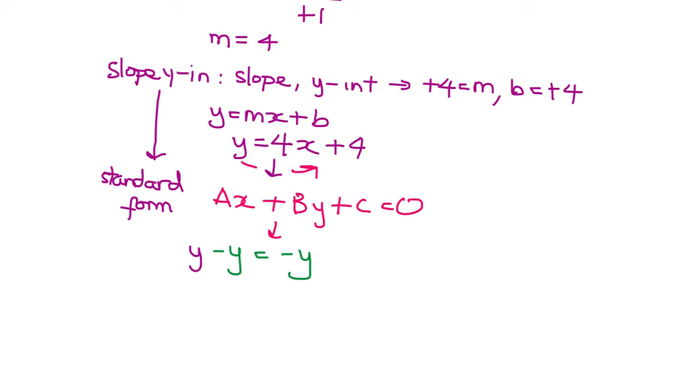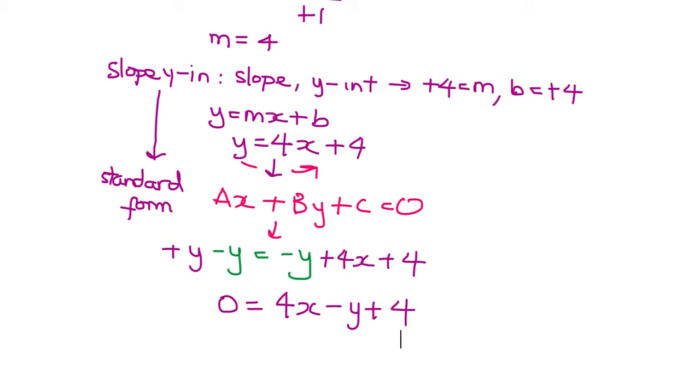So in here we have positive y on one side and positive 4x plus 4 on the other, and what we have is positive y minus y equal to 0, and on the other side we have positive 4x minus y plus 4.